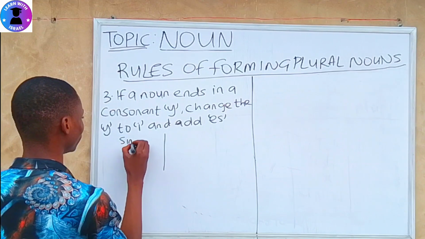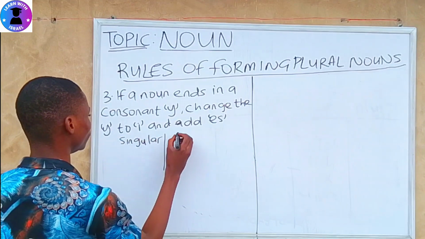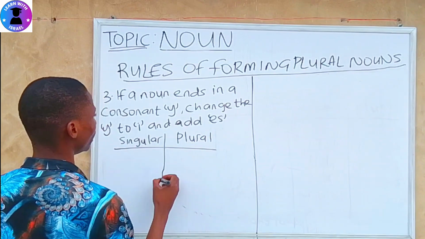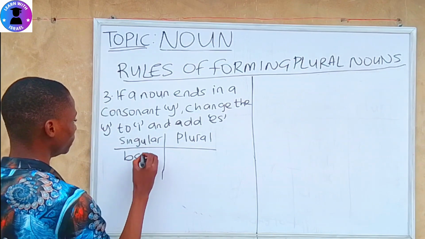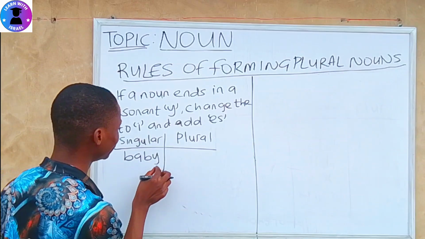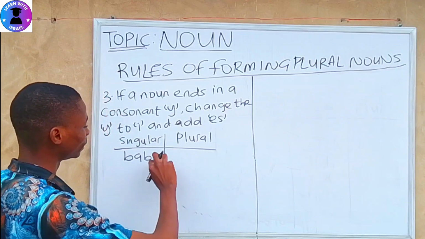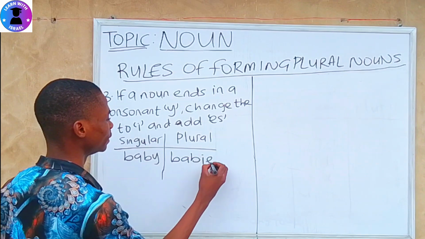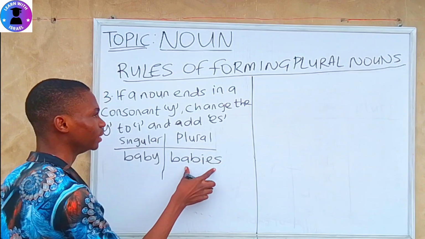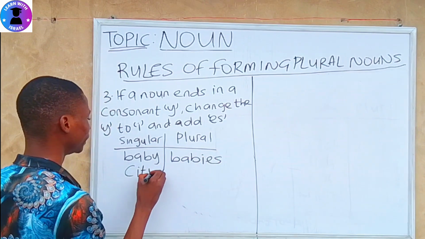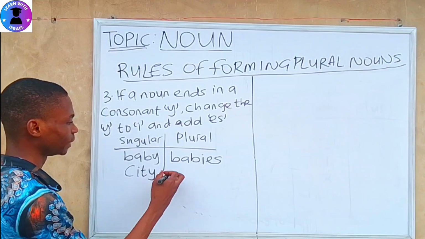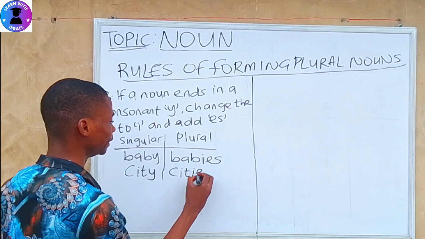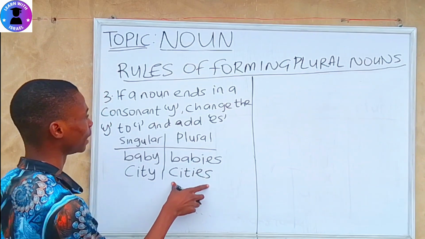We have singular, we have plural. Baby, for example, is ending with y. So let's change this y to i and add es. It's now babies. We also have city. City is ending with y. So let's change this y to i and add es. It's now cities.